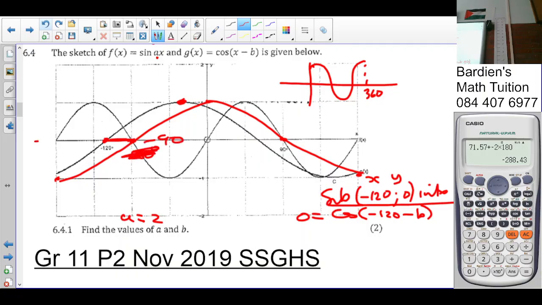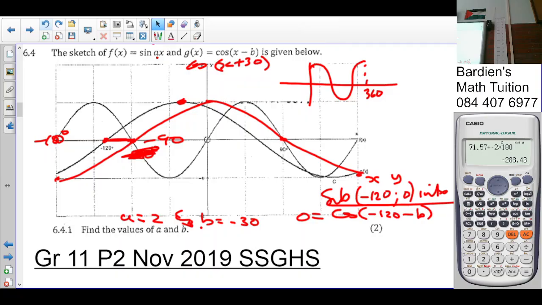Not 180. This is negative 180. Moved 30 degrees in that direction. Not so. Which means to say, you must add 30. So if we add 30 here, it is plus 30. But there's a minus b there, so what happens? The b is actually negative 30. B is equal to negative 30 degrees. That's going to be easy. Okay. Alright.